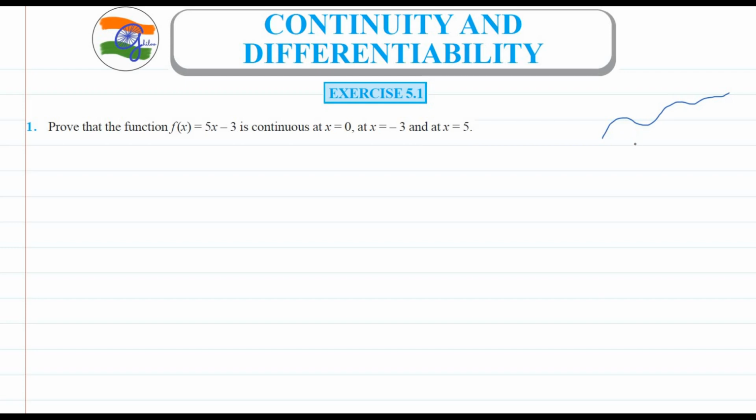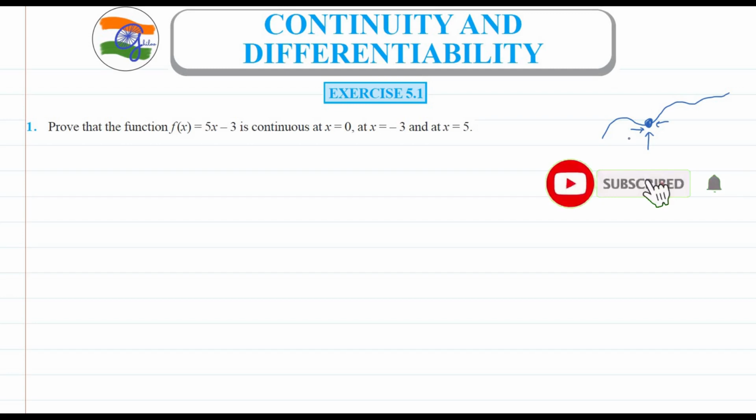If you can do this, the function is continuous. So if I say that the function is continuous at this point, it means that the right hand limit and the left hand limit of the function should tend to a single value, and the value of the function at that point should also be the same as that of the limits. That's all. And this is precisely what we'll be doing here.